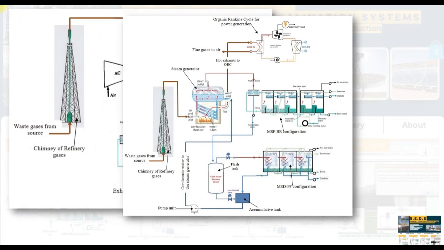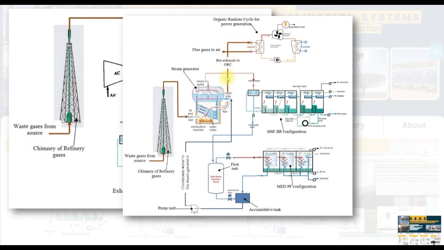The second scenario is completely different. We are going to use these waste gases in order to power the burner of the steam generator, and this steam generator has two outputs.